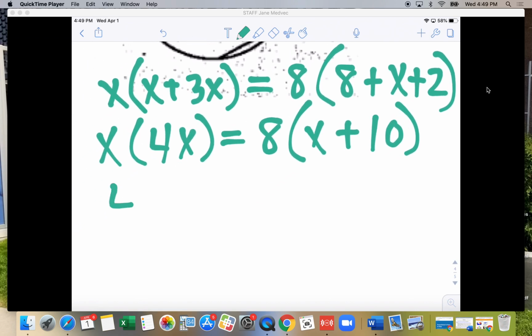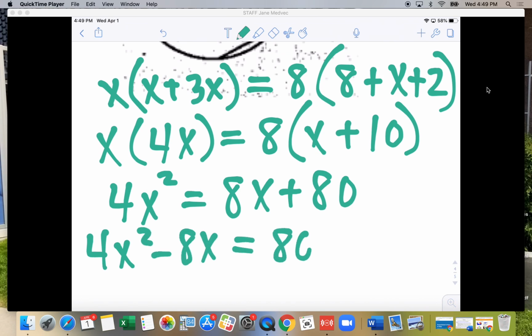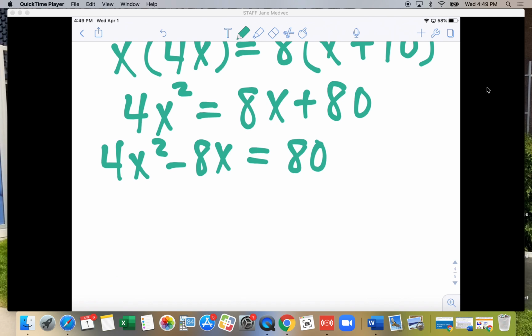Okay, here I get 4x squared equals, I've got 8x plus 80, so I distributed. I'm going to get it in standard form, so I'm going to subtract the 8x. I'm going to subtract my 80.